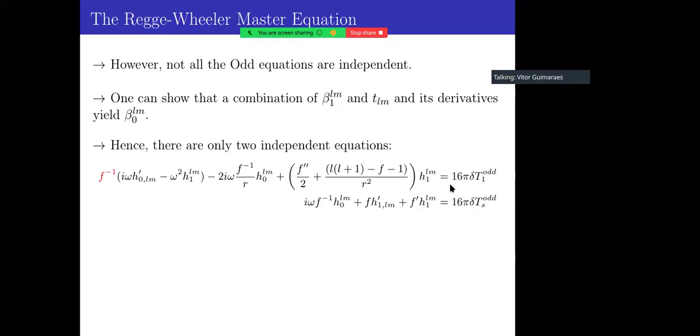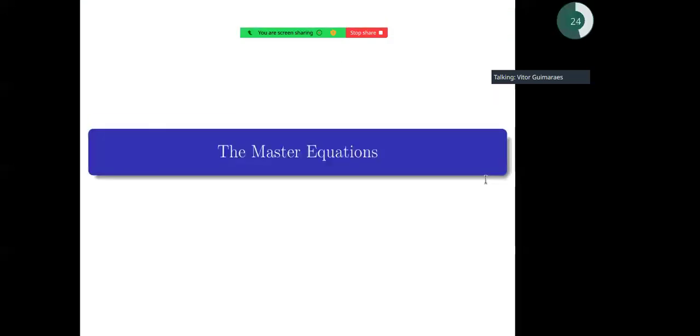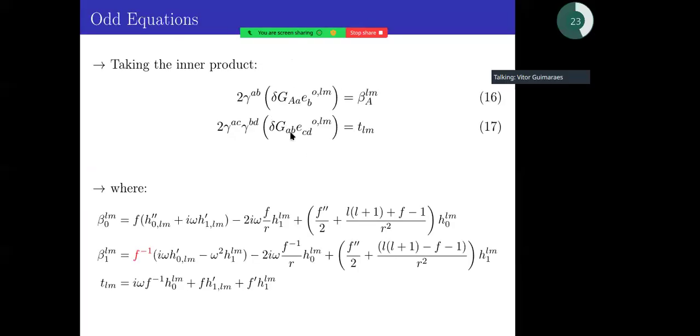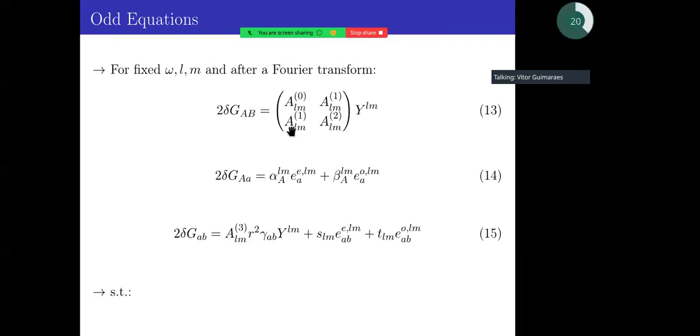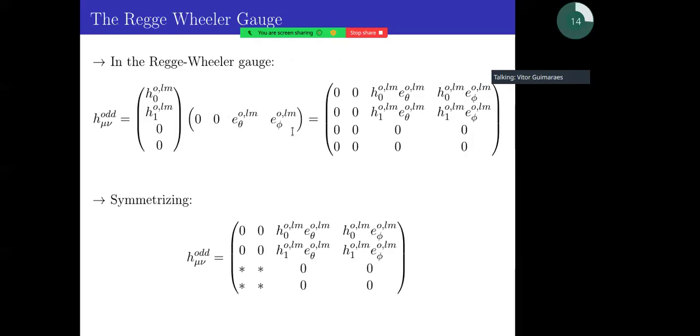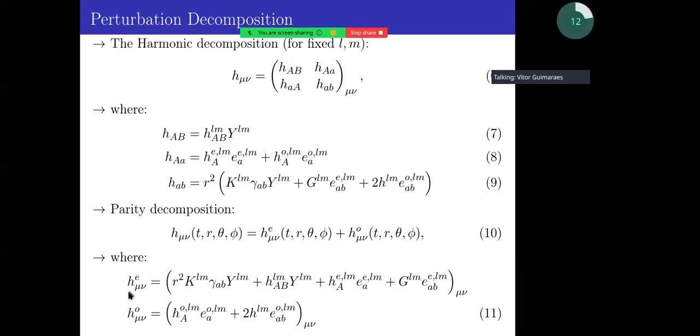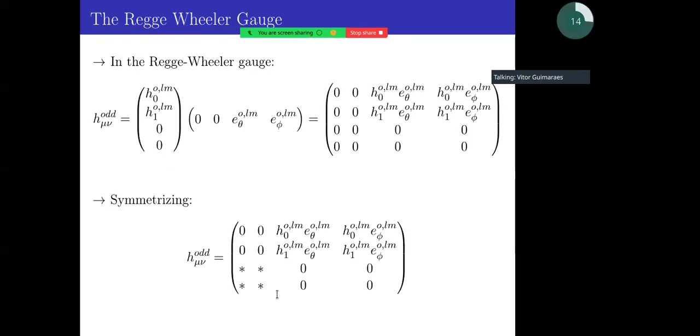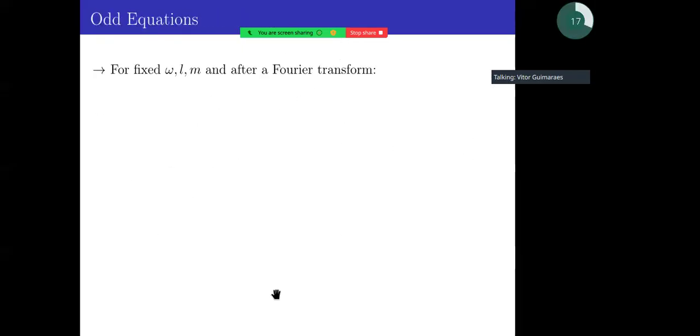Important note here. Remember that all that goes on the left side must also happen on the right side. So all we did here was the same thing as we've done here. We prepared the perturbed energy momentum tensor the same way as we prepared the metric perturbation.